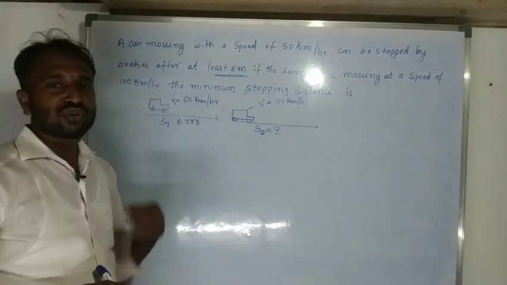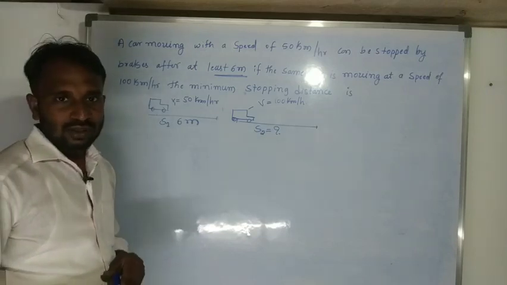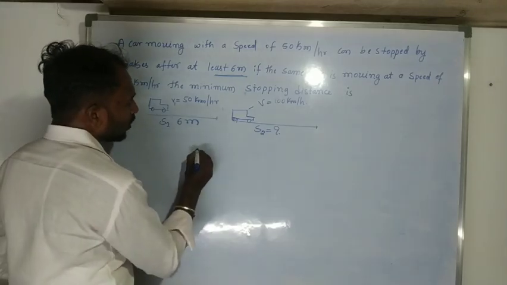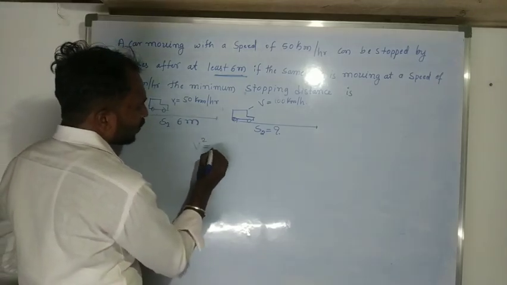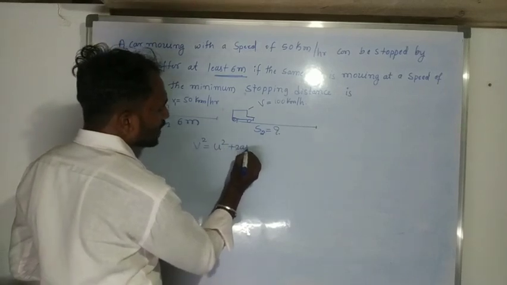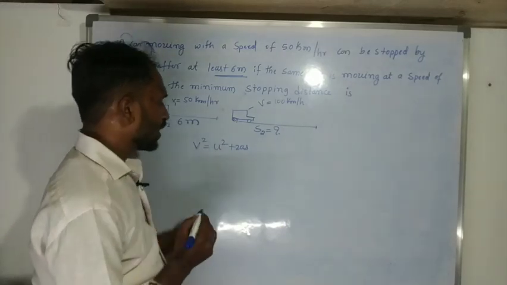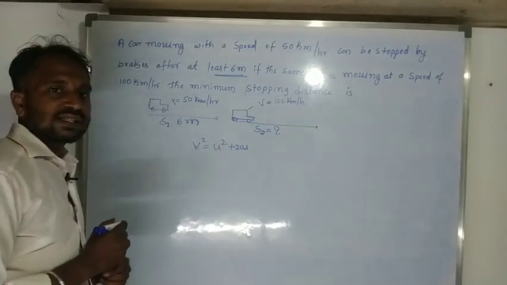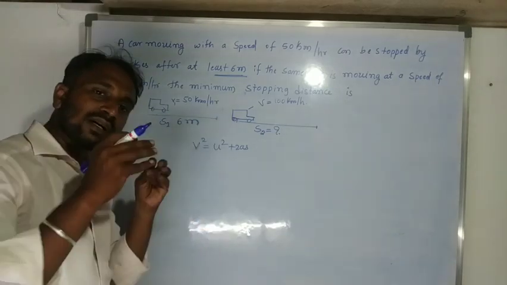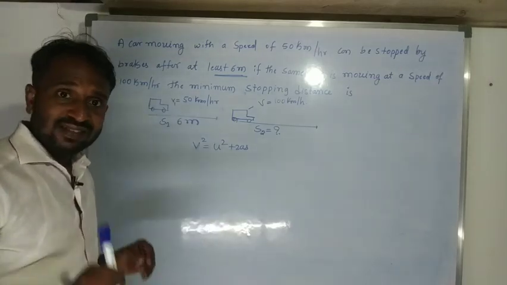So here we want to find out the distance covered by the car. Here we consider the formula v square is equal to u square plus 2as. Why do we consider v square is equal to u square plus 2as? Here the final velocity of the car is already given: the car comes to rest position, which means the final velocity is 0.